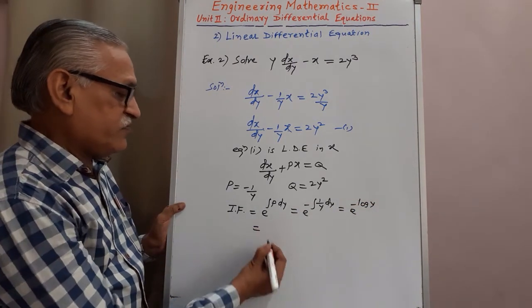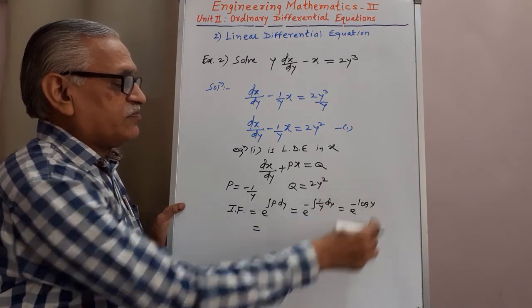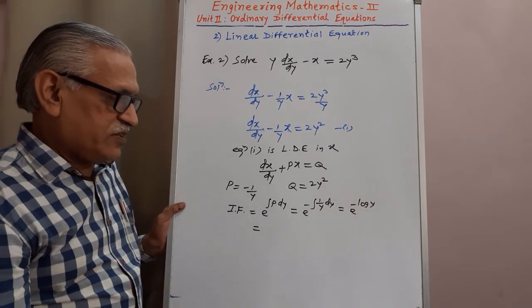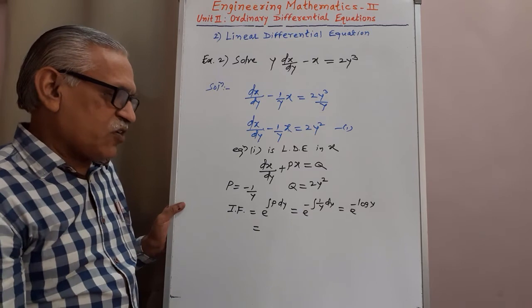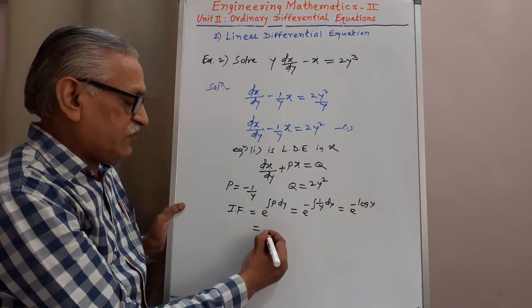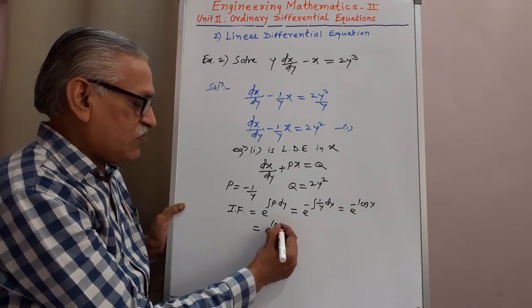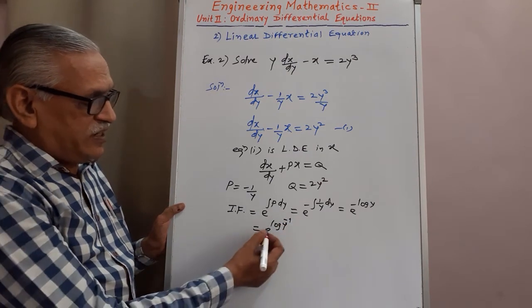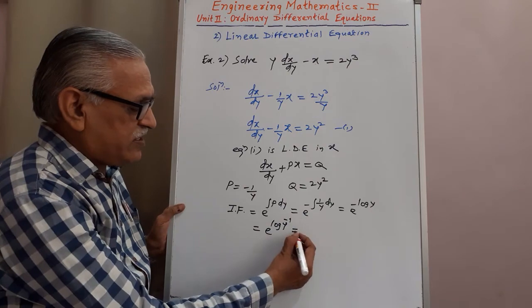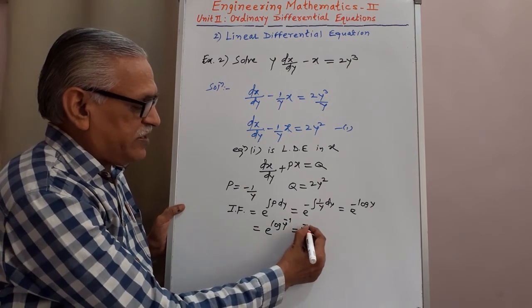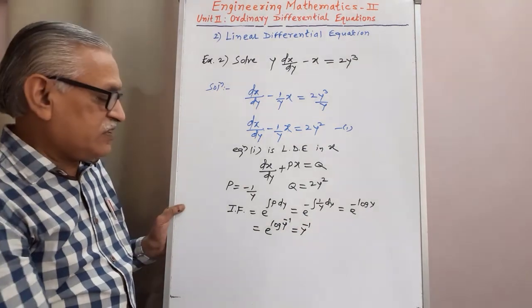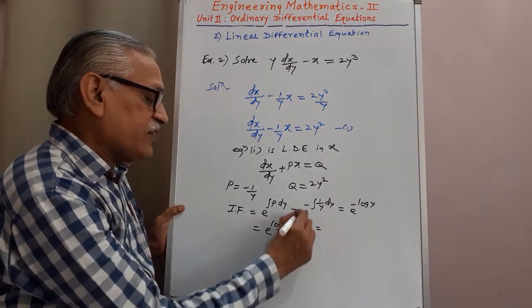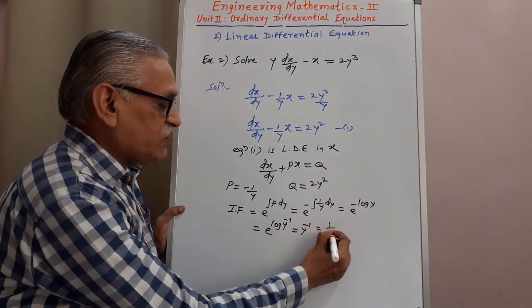As per the laws of logarithm, the minus can be taken as a power, therefore e raised to log y raised to minus 1. e and log get cancelled, and we get the integrating factor as y raised to minus 1, meaning transferring it to the denominator, 1 by y.